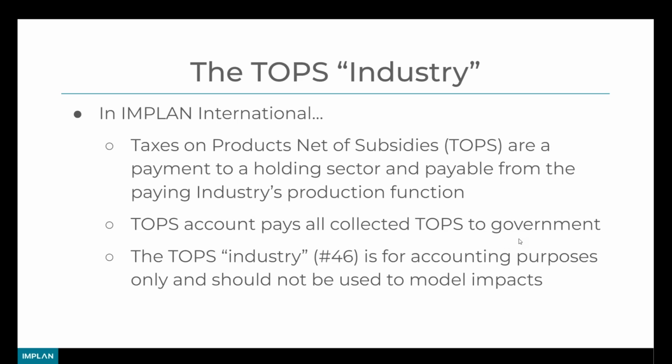Payments are made from the industry to the TOPS row. The TOPS holding sector then pays all of the collected TOPS to the government. The TOPS industry, in this case industry 46, is used for accounting purposes only and should not be used to model impacts.